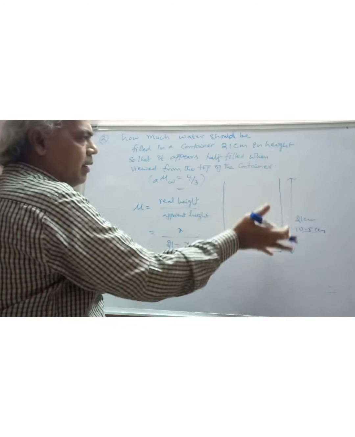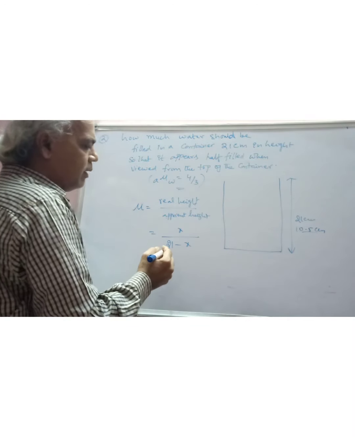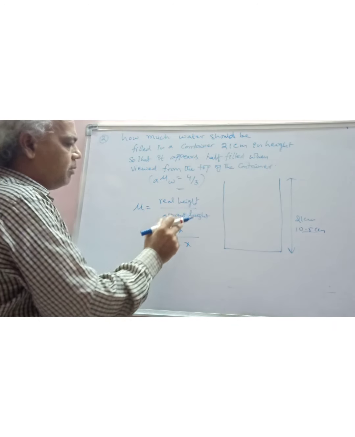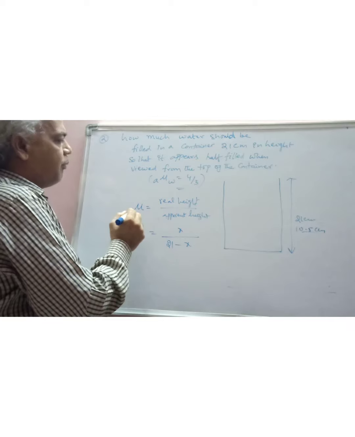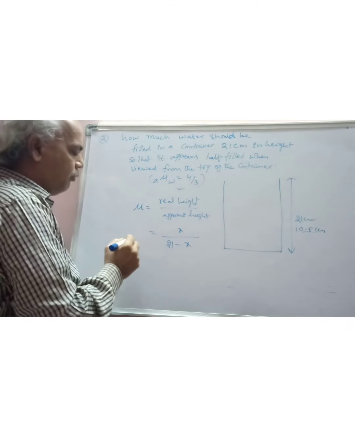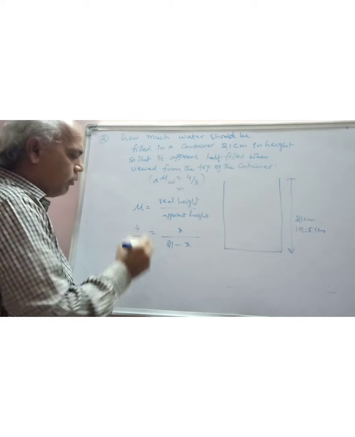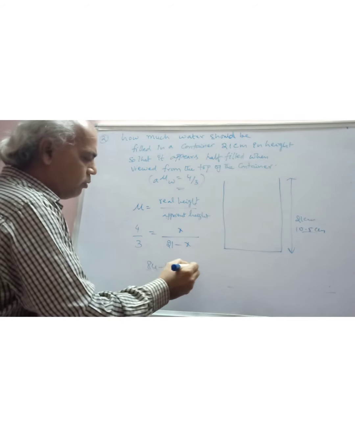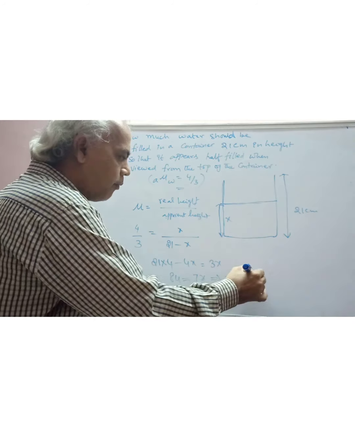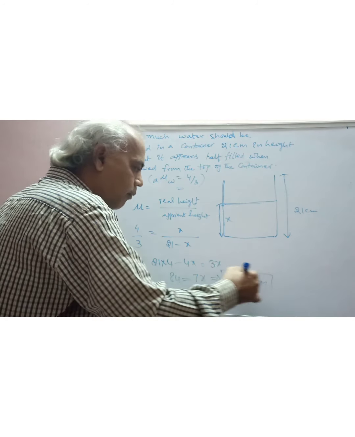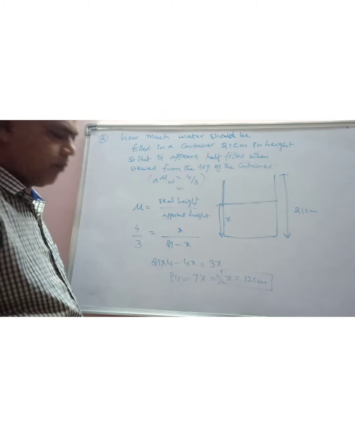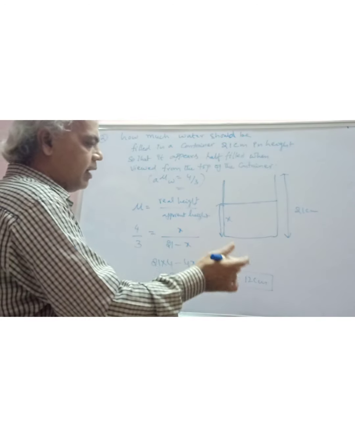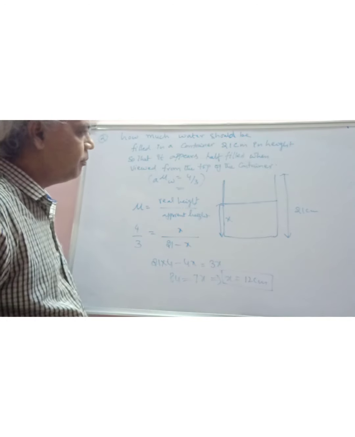The total depth of the height of the container 21 centimeter minus x. So it is mu is equal to real depth by apparent depth. The refractive index of water value is given that 4/3. You cross multiply this, that is say 84 minus 4x is equal to 3x. So we must filled with water, and this tank is about 12 centimeter. Okay.